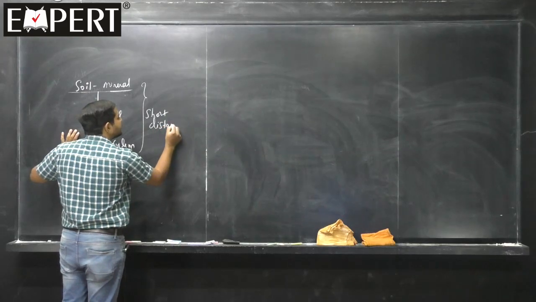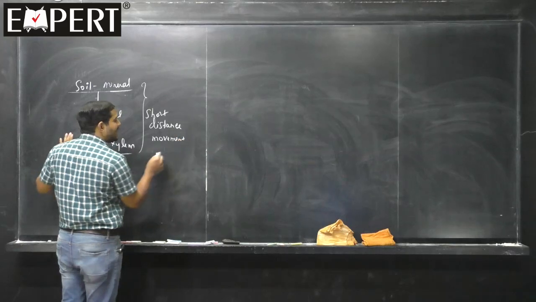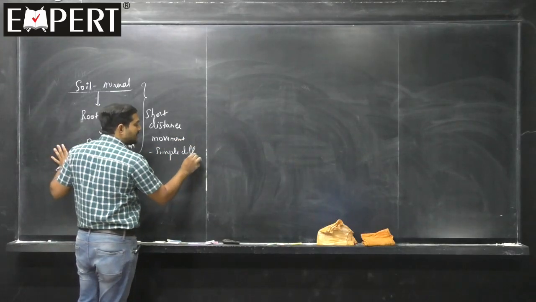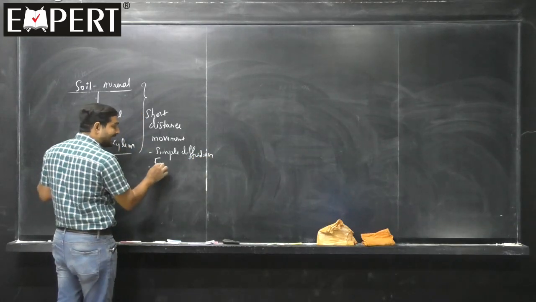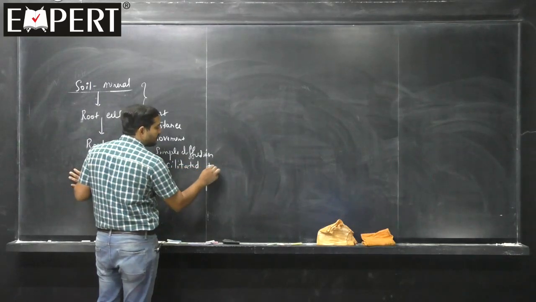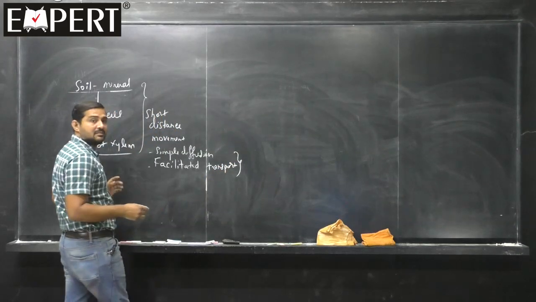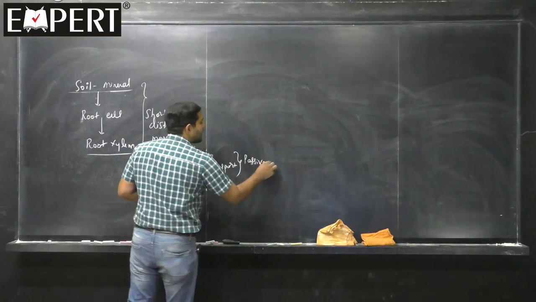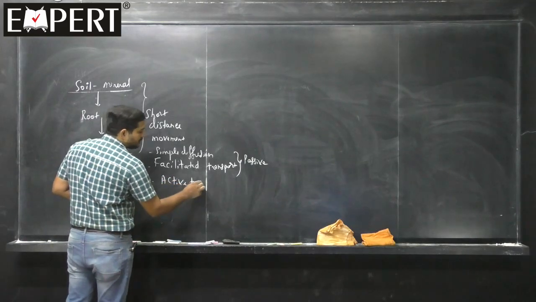The short distance movement, as we already told, can be simple diffusion or facilitated transport, and both of them come under passive transport only. And it can be active transport also.